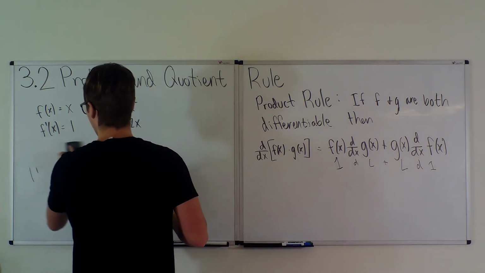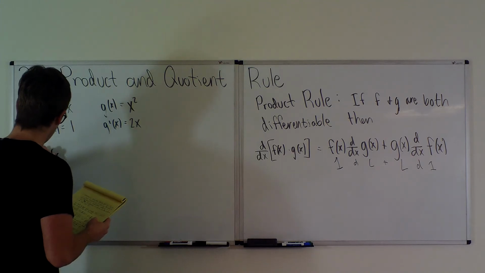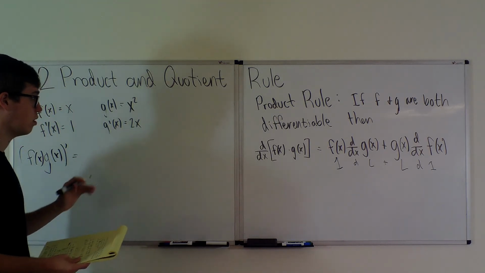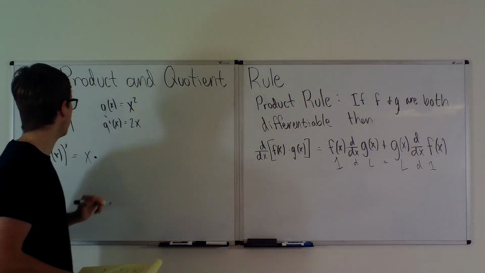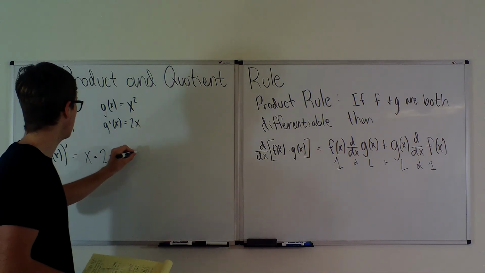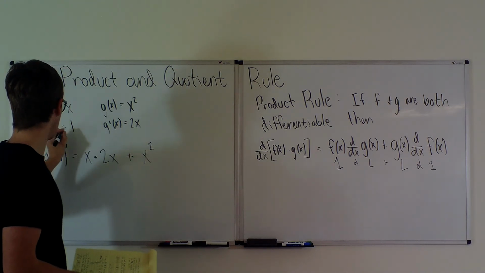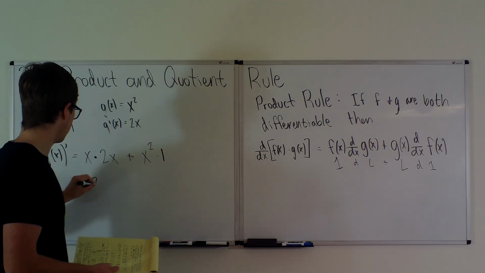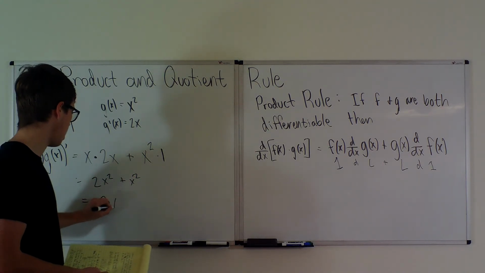Let's find the derivative of f of x times g of x, which is equal to first, so x times the derivative of g of x, which is 2x, plus g of x, x squared, times f prime of x, which is 1. And then you get 2x squared plus x squared, which is equal to 3x squared.